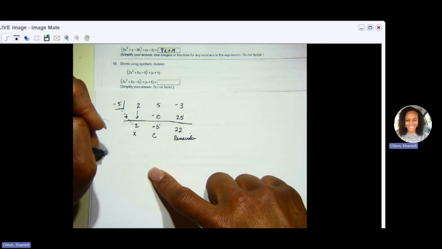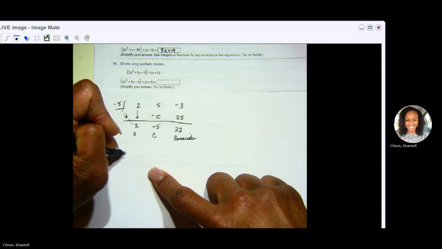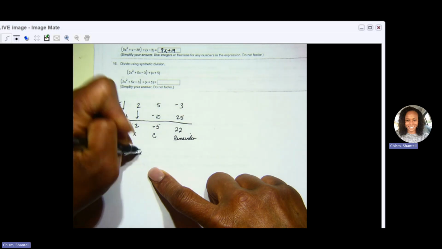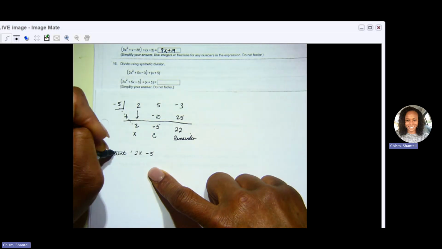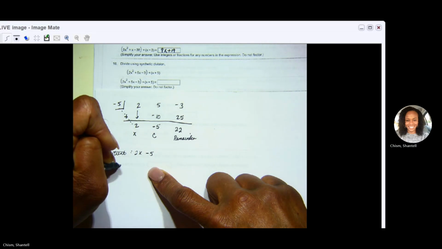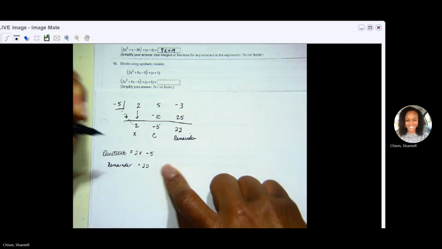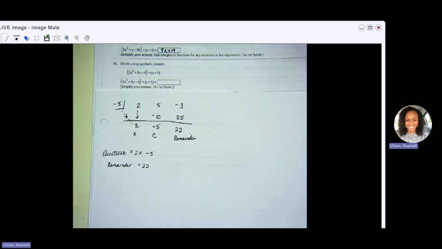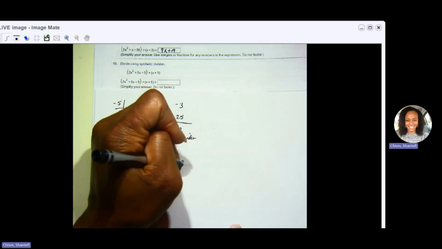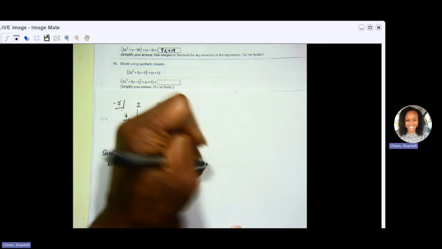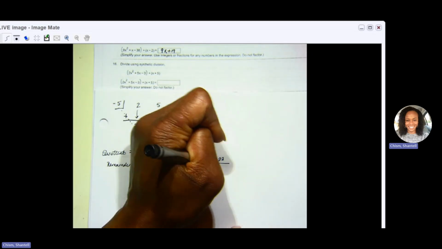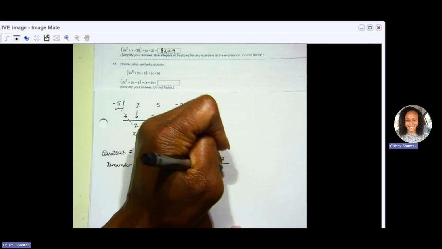So our quotient would be 2x minus 5. Our remainder is 22. So our full answer that we'll enter will be 2x minus 5 plus 22 over x plus 5.